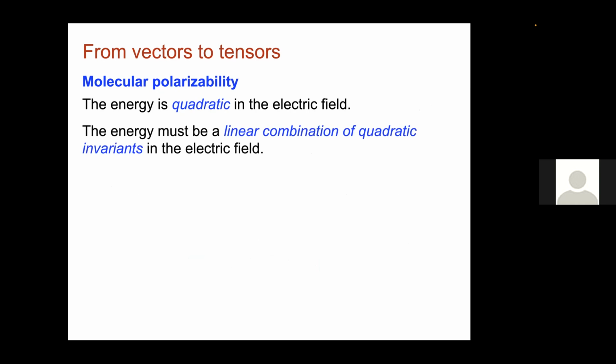Why? Because the energy must be invariant. Okay, because it's a property, it's a scalar, and if the molecule is invariant under a symmetry, this cannot change. So this means that the most general formula for the energy has to be necessarily a linear combination of quadratic invariants in the electric field.